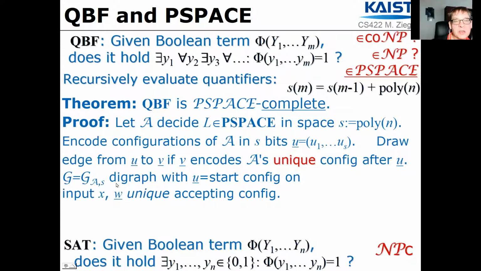So this is a directed graph associated with an algorithm that is a while-plus program A, and associated with a bound S, or the number S, of bits used by the algorithm on a specific input, where we have a designated start configuration of that algorithm.